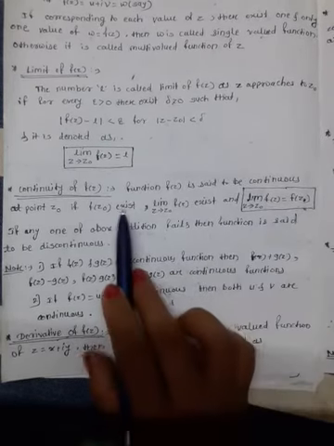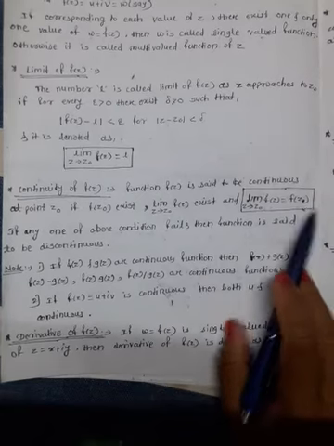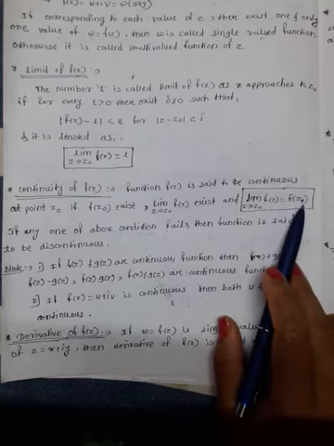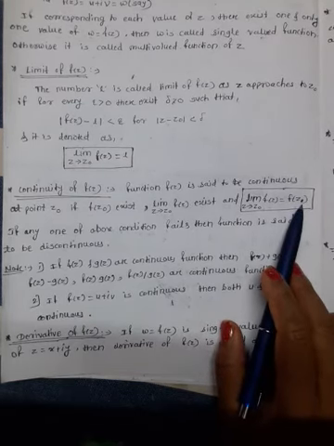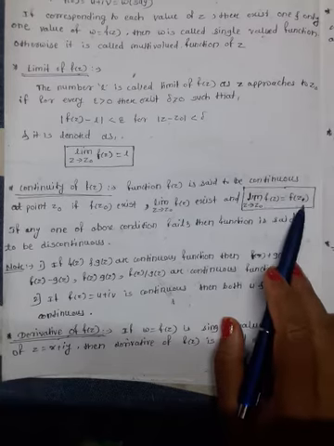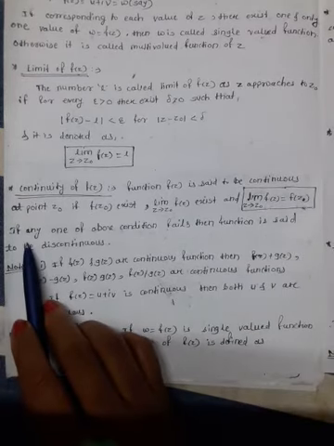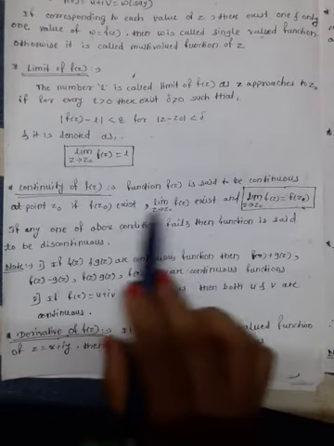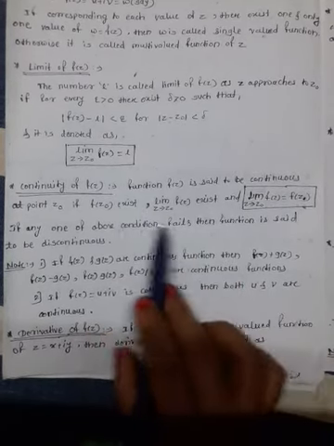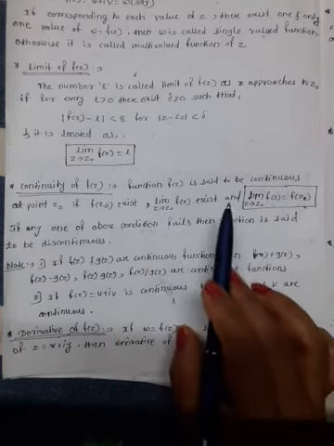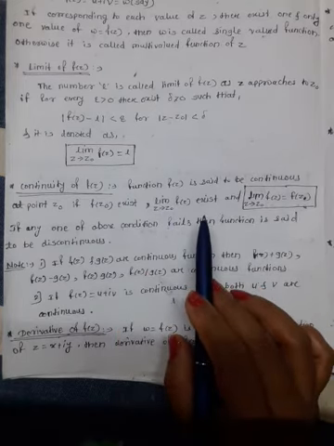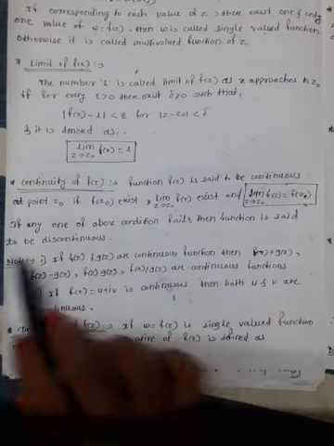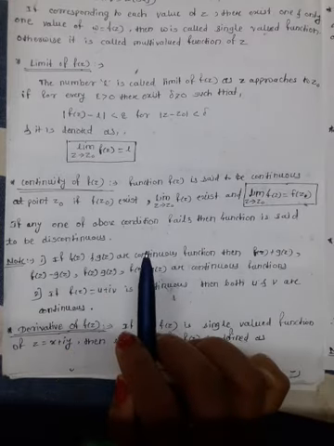And third, these two must be the same: limit of z tends to z naught of f of z is equal to f of z naught. Now, if any one of these three conditions fails for a particular function f of z, then that function is said to be discontinuous.